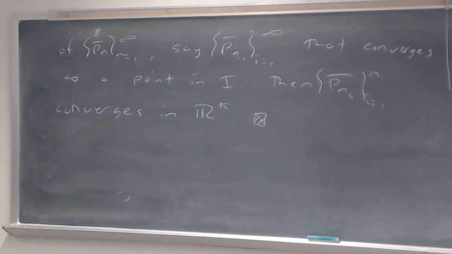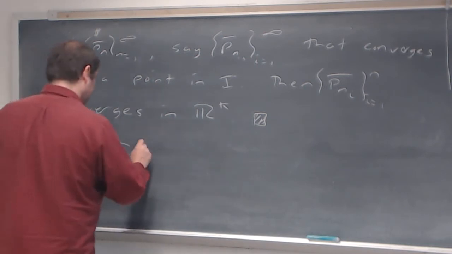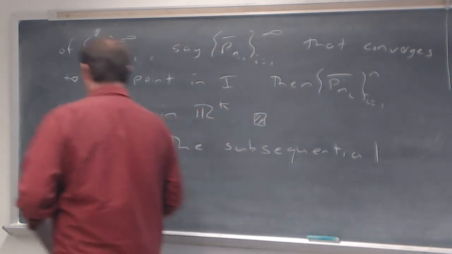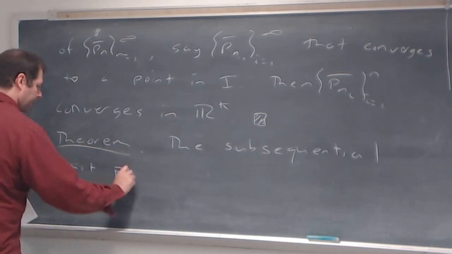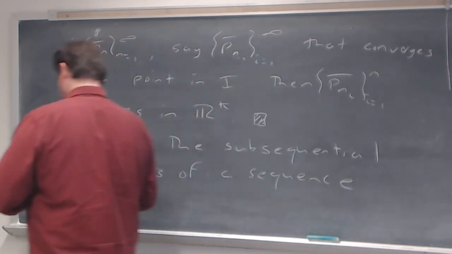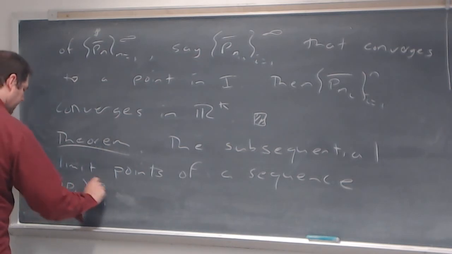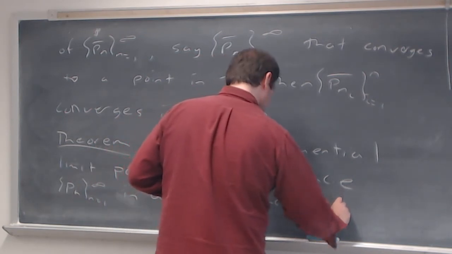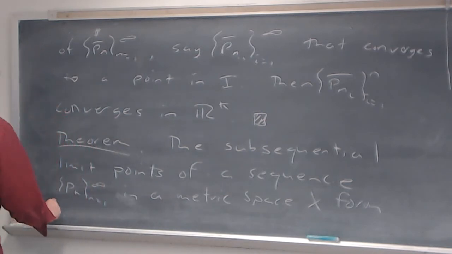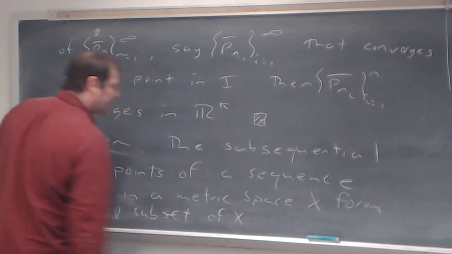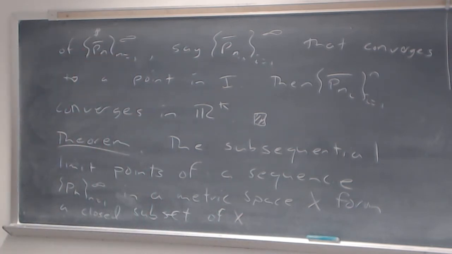I'd like to look at another theorem, and here's what it says. The subsequential limit points of a sequence P sub n in a metric space X form a closed subset of X. Remember, the subsequential limit points are points in X such that there's a subsequence of P sub n that converges to it.